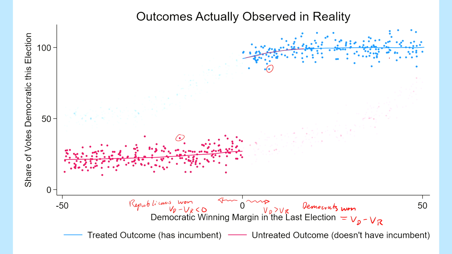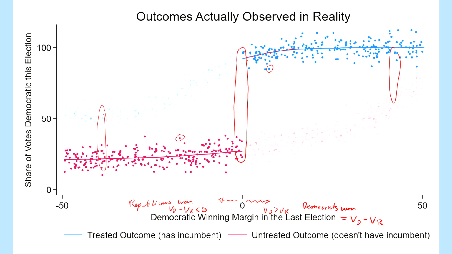Notice that over here, I can't compare treated and untreated outcomes. I just don't have the untreated outcomes. And over here, I can't compare them because I just don't have the treated outcomes. But there's this one space right in the middle where you effectively are able to see both the treated outcome and the untreated outcome very, very close together.